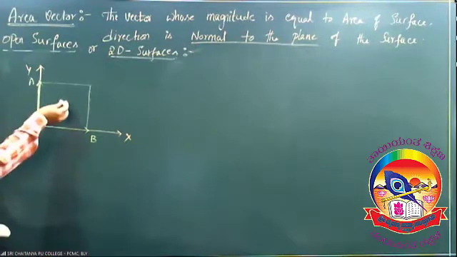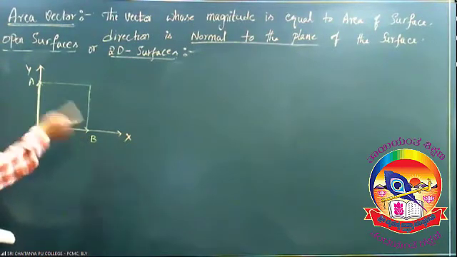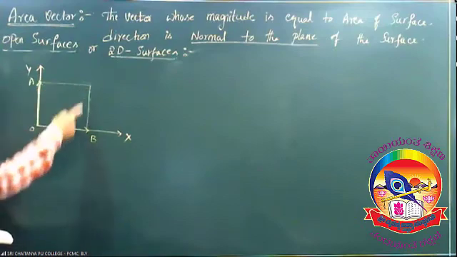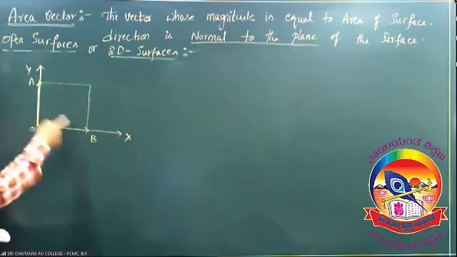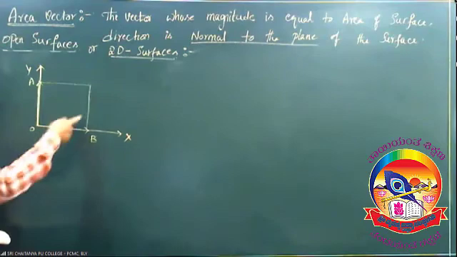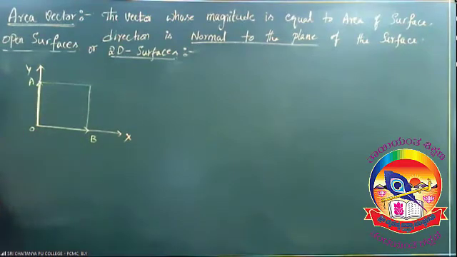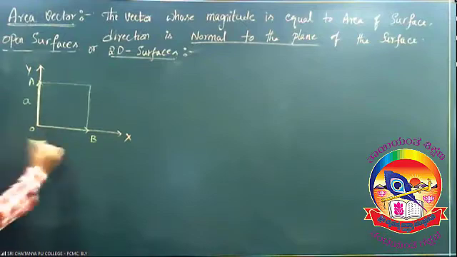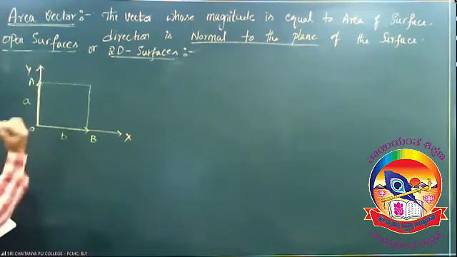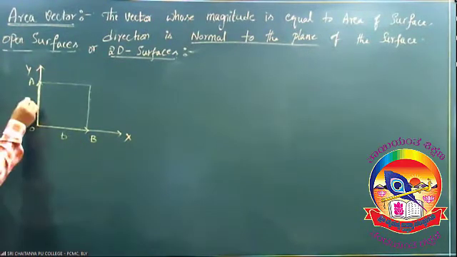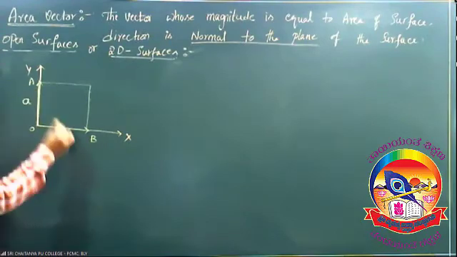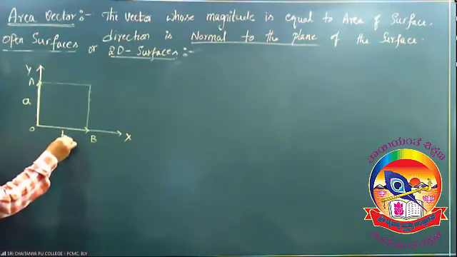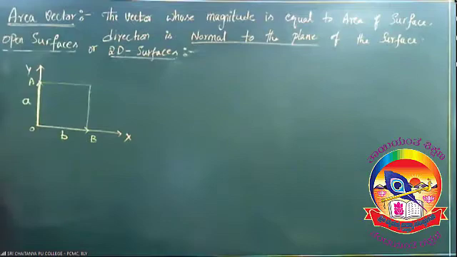What is the area vector of the plane formed by these two vectors? Let OA be A and OB be B. Generally, what formula do we have for area vector?